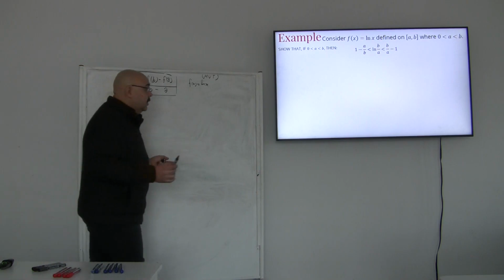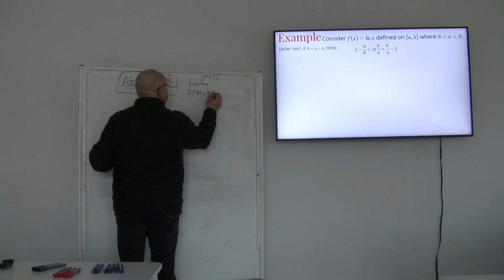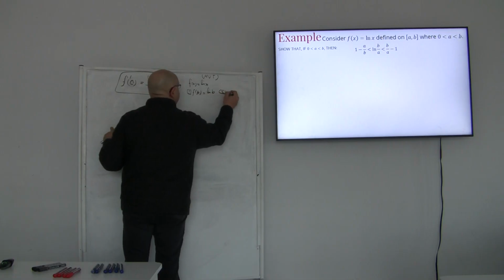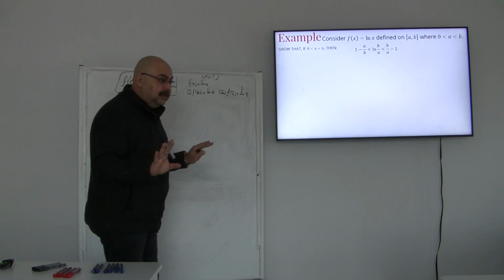Let's start. First thing, f of b is simply going to be ln b. Number two, f at a is also simply going to be ln a. All I have to do is make the substitution.